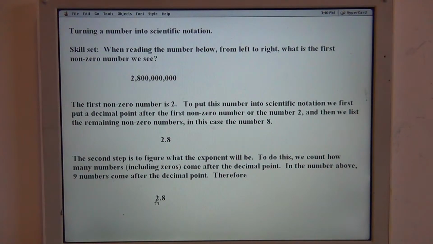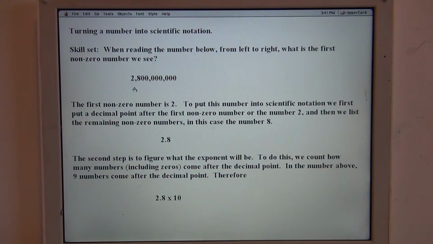A number in scientific notation has 3 parts. It has a decimal, then it's multiplied by 10, and now we have to figure out the exponent. To do this, we count how many numbers, including zeros, come after the decimal point. In the above, 9 numbers come after the decimal point.